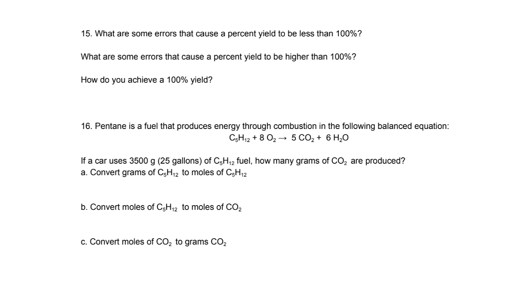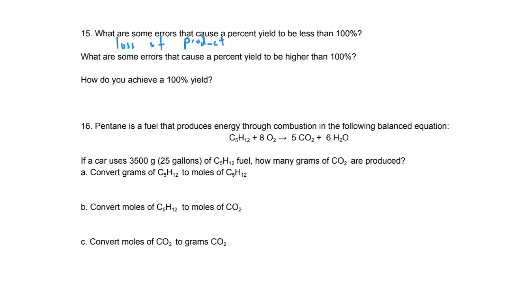All right, last page. What are some errors that cause a percent yield to be less than 100%? So that would be a loss of product, like if some of it gets stuck in the beaker or evaporates.